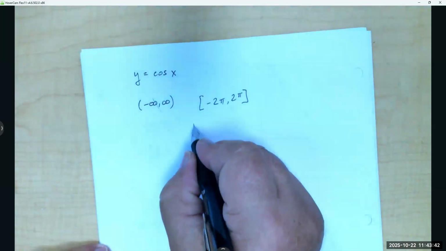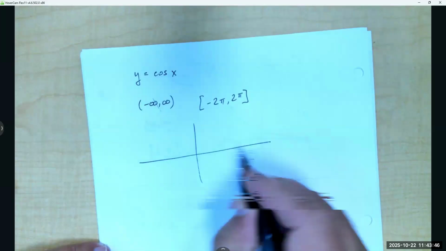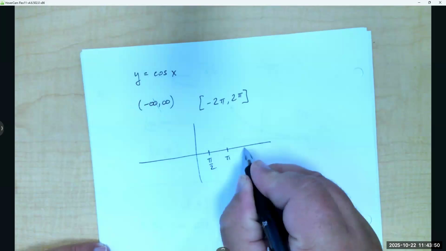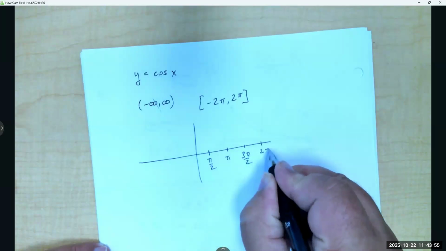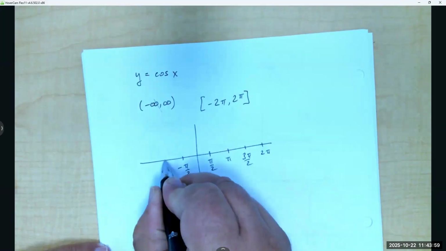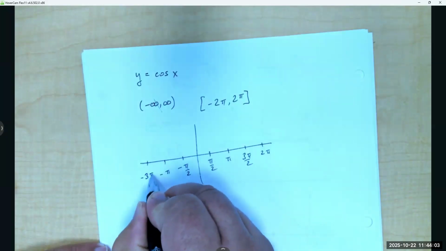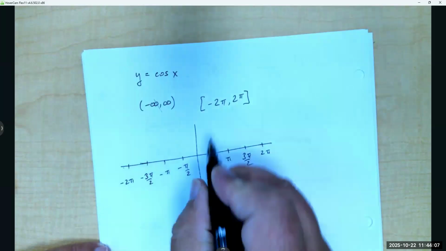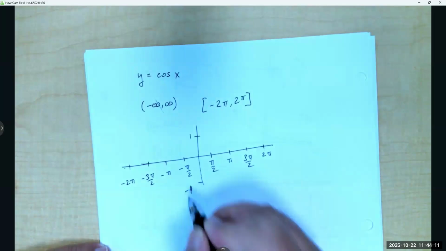So we look at the graph. We have pi over 2, pi, 3 pi over 2, 2 pi. Negative pi over 2, negative pi, negative 3 pi over 2, negative 2 pi. And the amplitude is 1, negative 1.